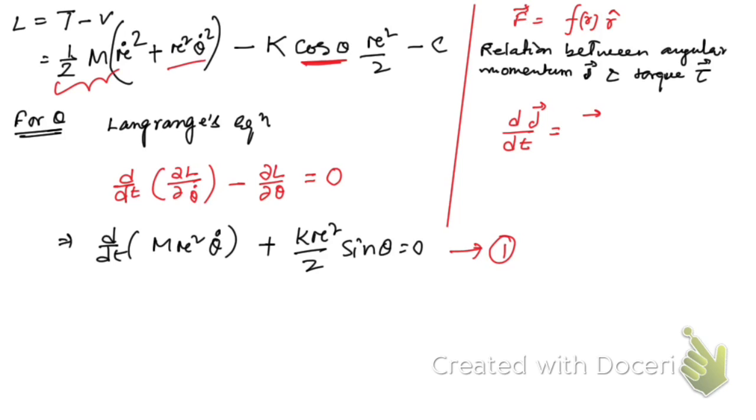The derivative of J is equal to the torque, and torque is equal to r cross F, right? R cross F.